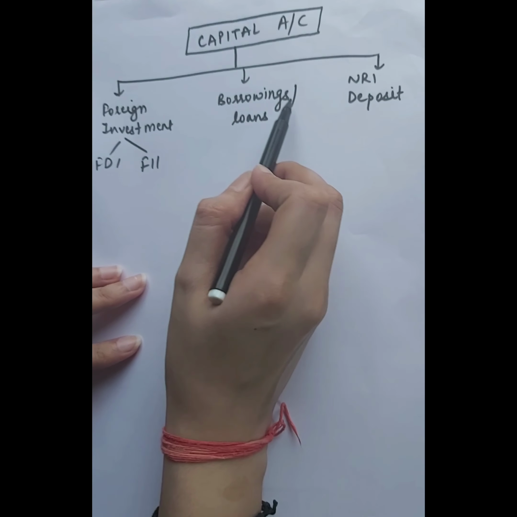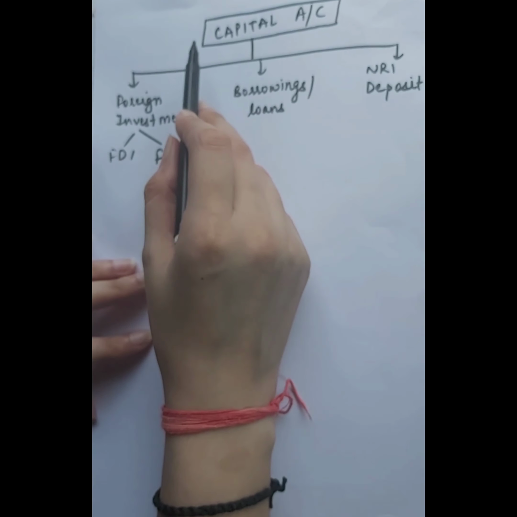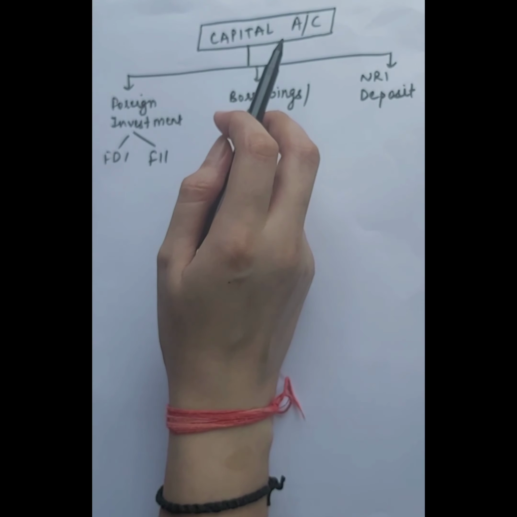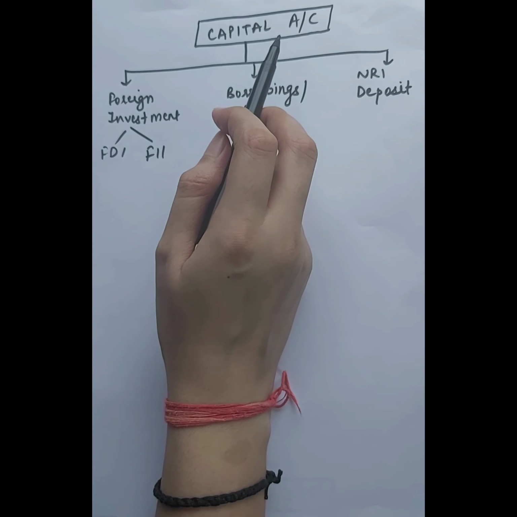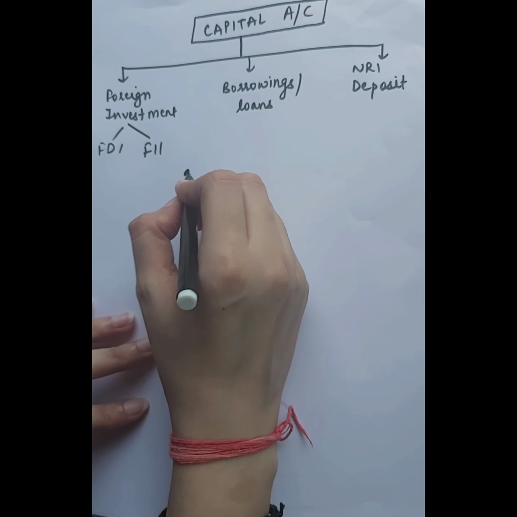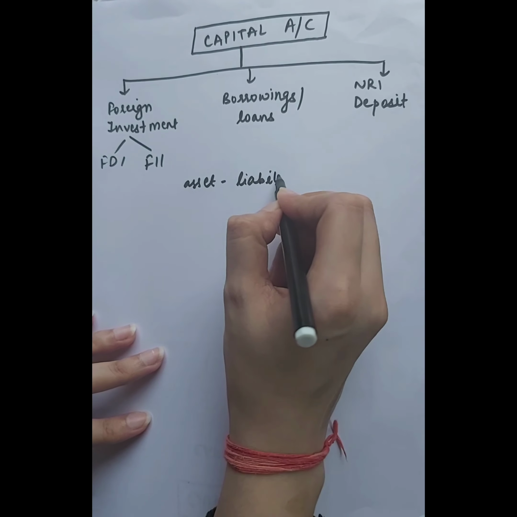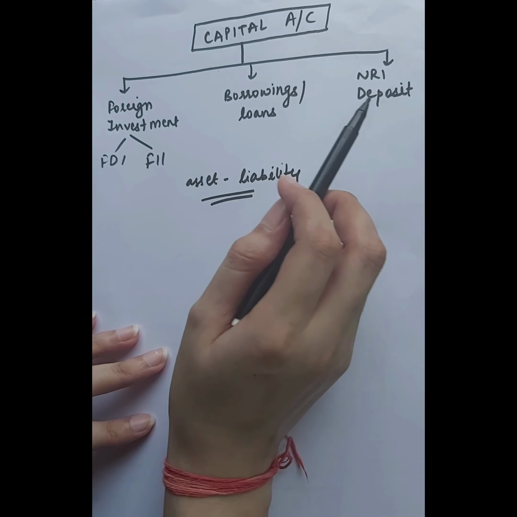There may be some borrowings and loans or some NRI deposits. These all come under the capital account of balance of payment, because these transactions are affecting the asset and liability position of a country. So this was all about capital account.